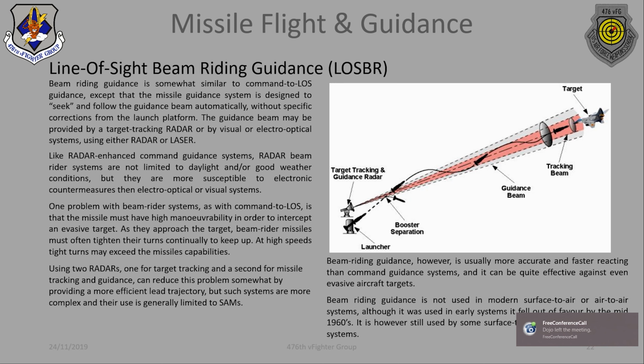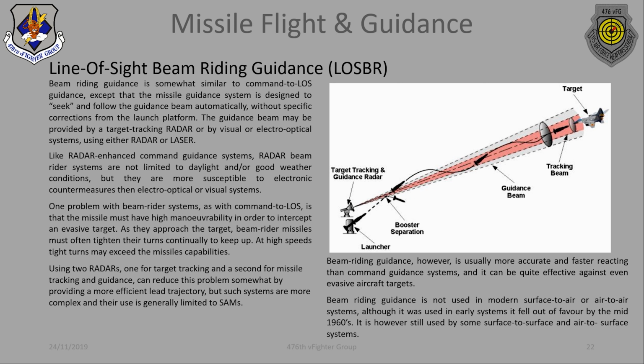So, the next guidance type we'll briefly look at is line of sight beam riding. It's most familiar, I think, to those of you that fly the Ka-50, because it's what the Vikhr uses. The Vikhr uses a laser, because line of sight beam riding can be laser. However, it can also be done with radar.